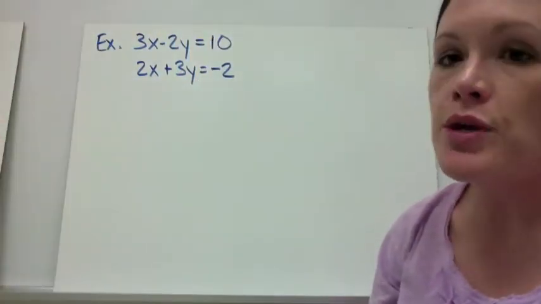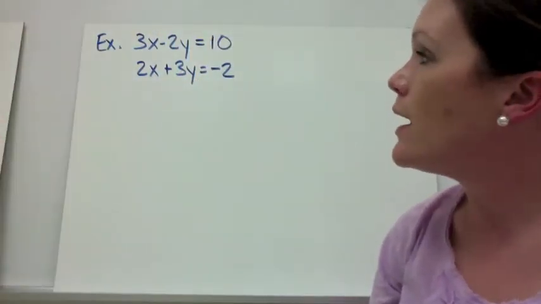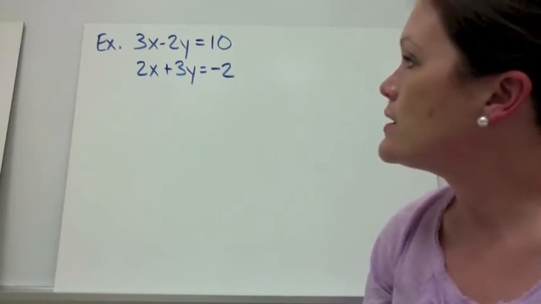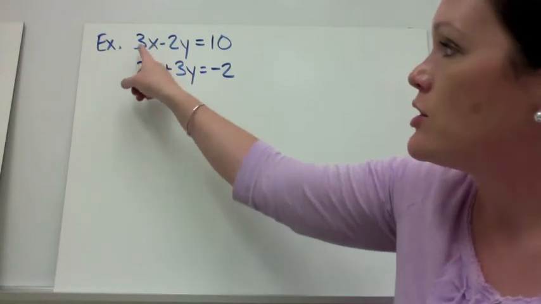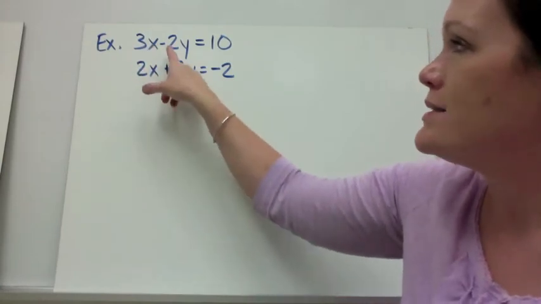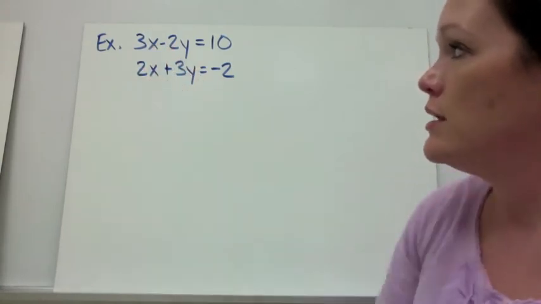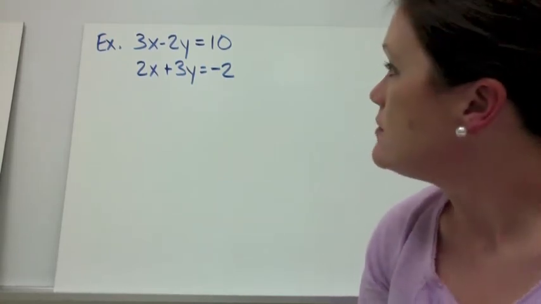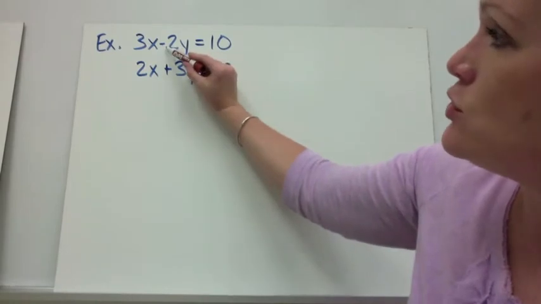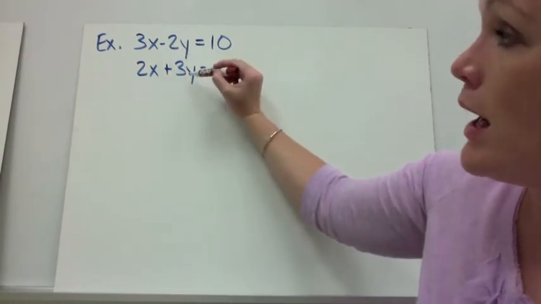For example 3, we have 3x minus 2y equals 10 and 2x plus 3y equals negative 2. The x's have a 3 and a 2, and the y's have a negative 2 and a 3. You've got to help make these cancel out. We already have negative 2 and positive 3 for my y values.